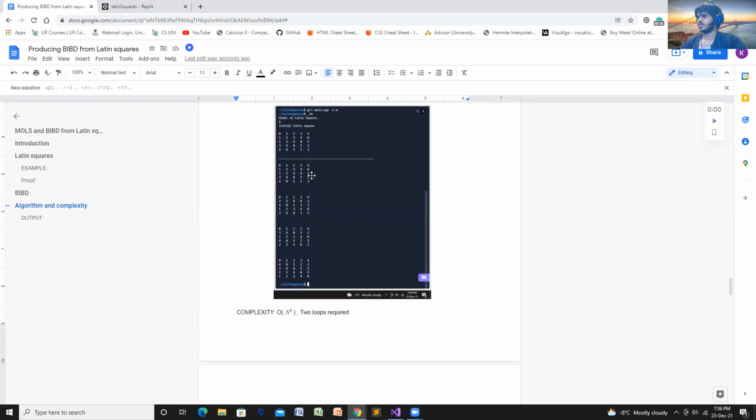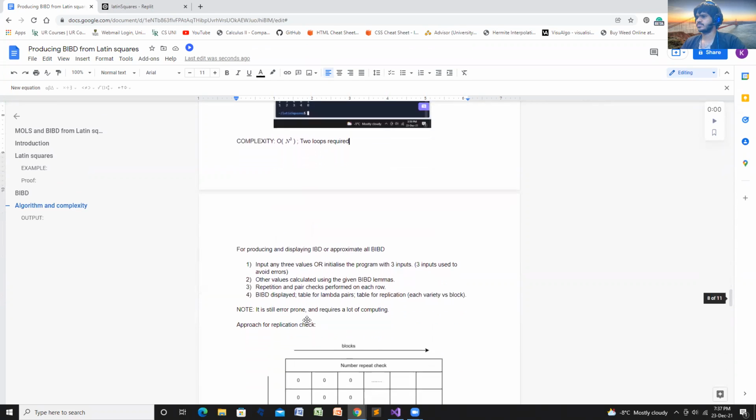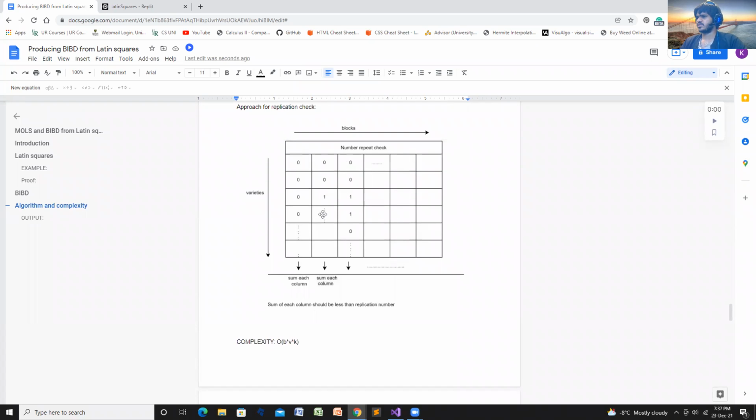Performing operations on each row, the total complexity is going to be of order n cubed. For finding the total varieties, the number of varieties being repeated in all of the blocks, the complexity is going to be this.